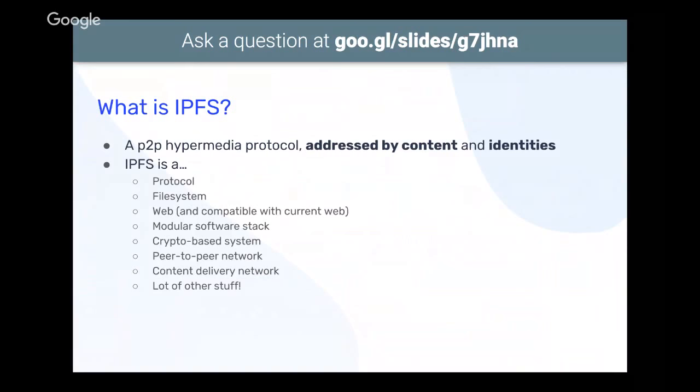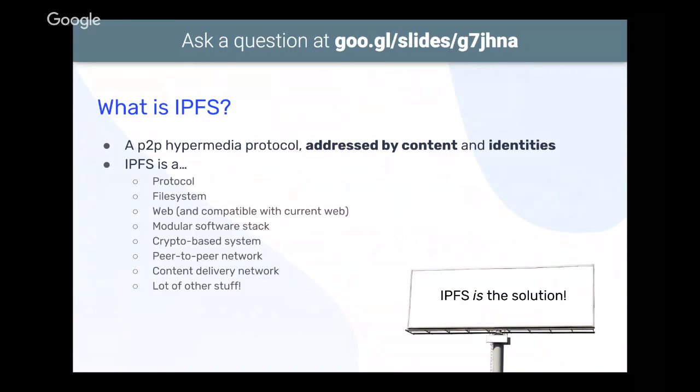There's a lot of marketing blurb around this. It goes something like: IPFS is a protocol, a file system, a web, a software stack, a crypto system, a peer-to-peer network, a content delivery network, and so on, all rolled into one. Even the website says that IPFS is the decentralized web. So that's great. Decentralized web solved.